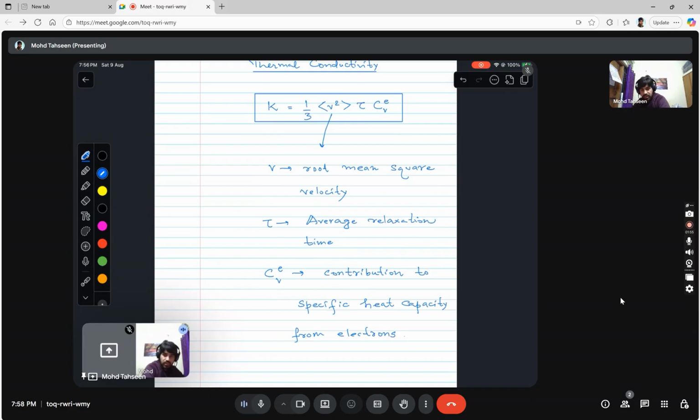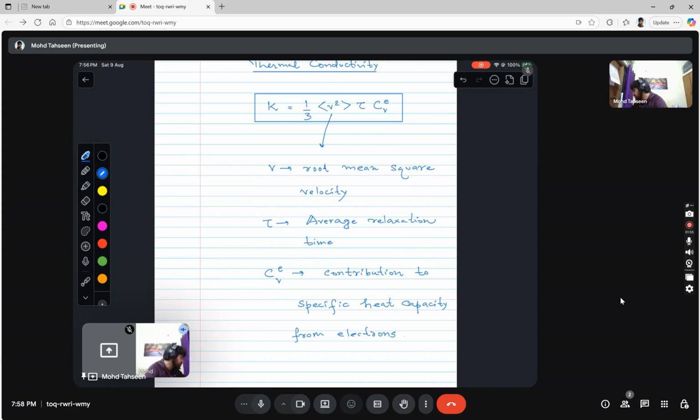One is coming from ions and one is coming from electrons. And this is only the contribution by the electrons, not the ions. Okay, so this is the equation that is predicted by the Drude model.